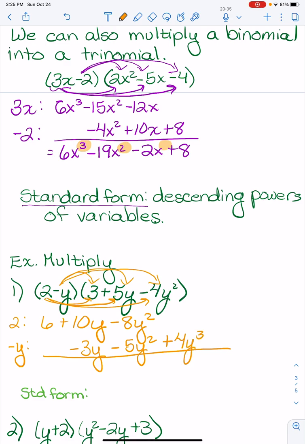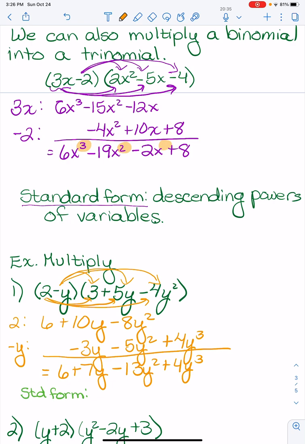The y cubed didn't have a place in the first distributing of positive 2, so we just give it its own little column. And so our final answer for this will be 6 plus 7y minus 13y squared plus 4y cubed.